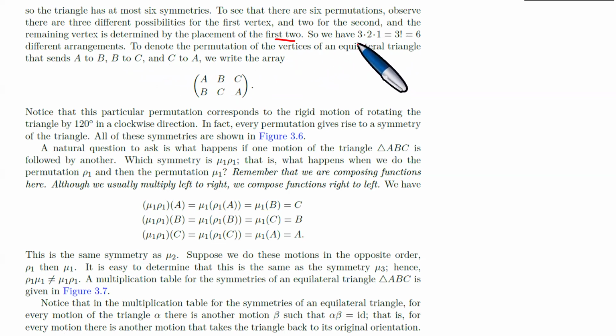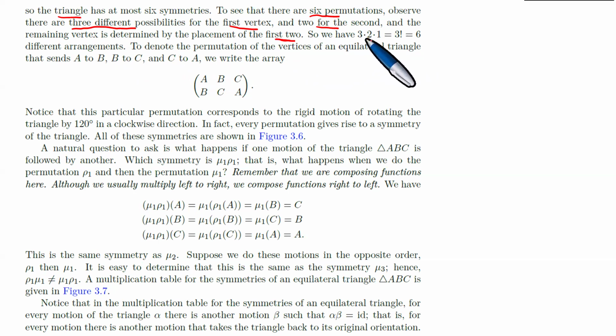This is very important. How do we see that there are 6 permutations of a triangle? To see that there are 6 permutations, observe that there are 3 different possibilities for the first vertex, and 2 for the second, and the remaining vertex is determined by the placement of the first 2.